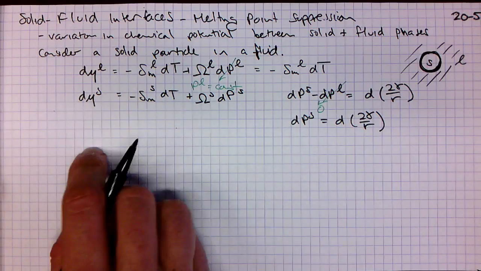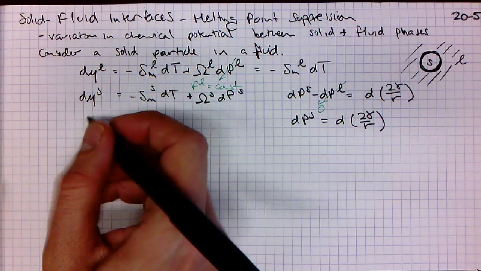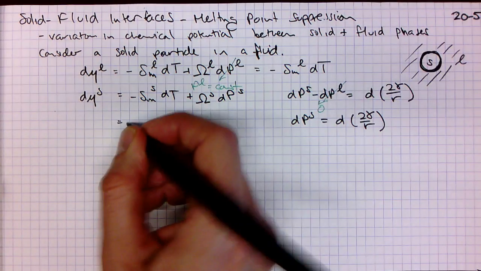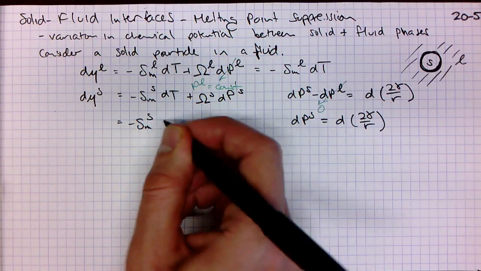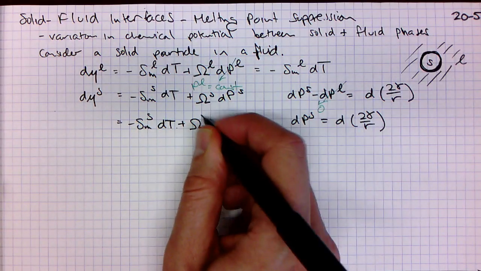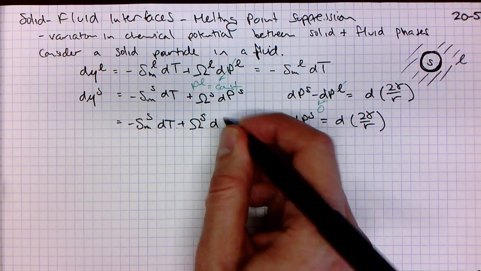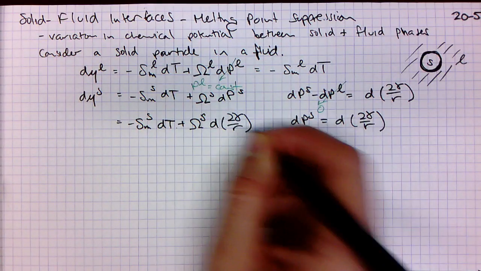So that means that when we look at d mu_S, we can write this as minus the entropy per mole dT plus the molar volume of the solid times d(2 gamma over r).